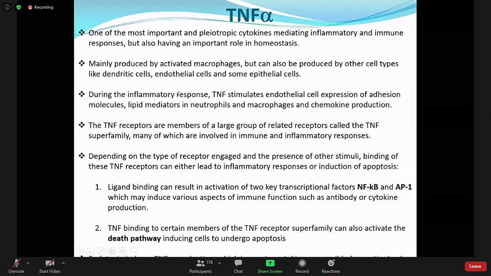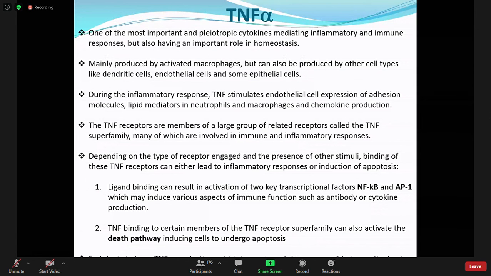TNF-alpha has multiple effects, again many similar to IL-1, but also, like I said, there are around 12 different kinds of TNF receptors. And many of these receptors can result in either of two pathways.